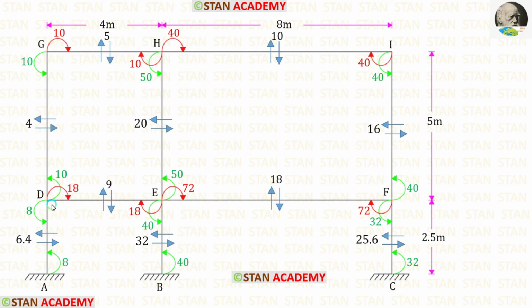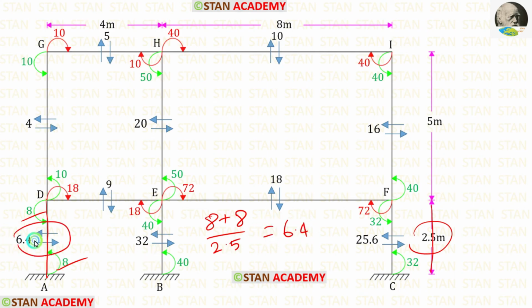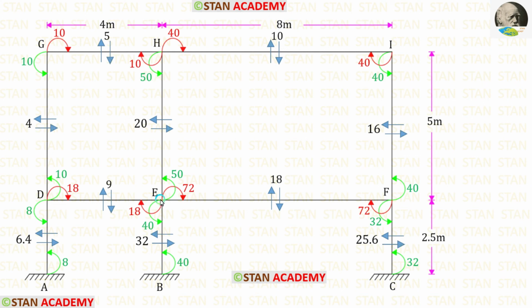Now let us take the member AD. Here we have to add these two moments, so 8 plus 8, and then divide by the height 2.5. When we do that, we will get 6.4. Now let us take the member EB. Here we have to add these two moments, so 40 plus 40, and then divide by the height 2.5.